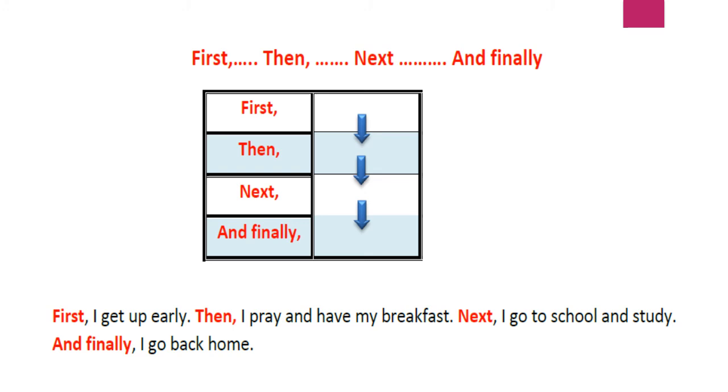First, I get up early. Then I pray and have my breakfast. Next, I go to school and study. And finally, I go back home. So we use these sequence words to arrange our ideas and to arrange our events. Okay?